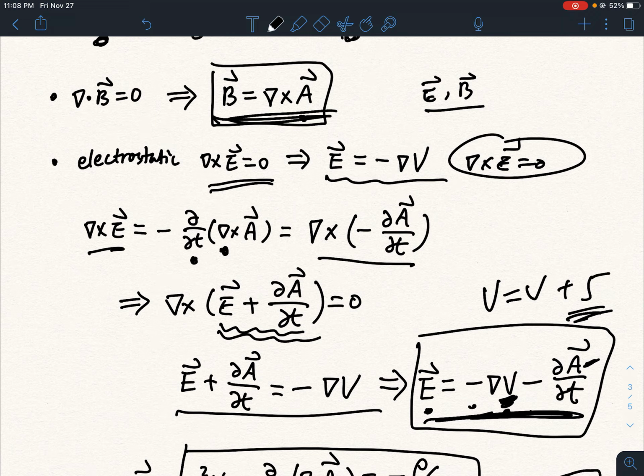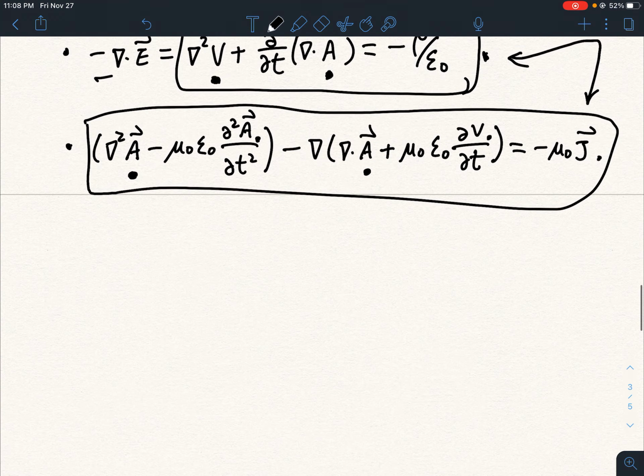If you put a constant for A, it also doesn't change the overall picture. So in other words, there is some freedom in the choices of V and A. That really means we are free to impose some extra conditions on V and A, as long as nothing happens to E and B.